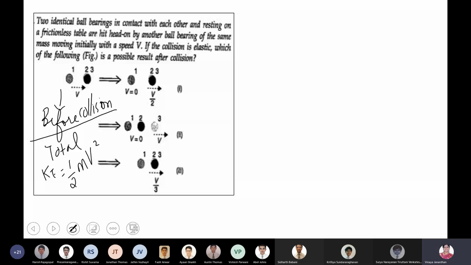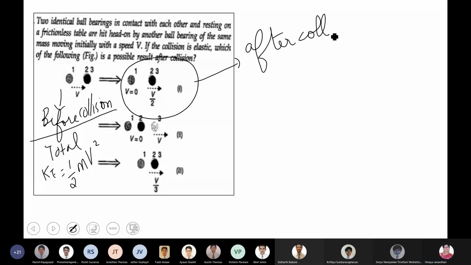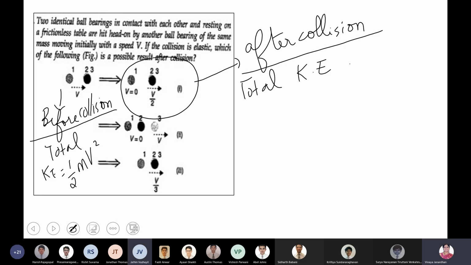Now we'll go for after collision, the first case. After collision, I have to find the total kinetic energy. Jatin, what will be the total kinetic energy after collision for case 1?